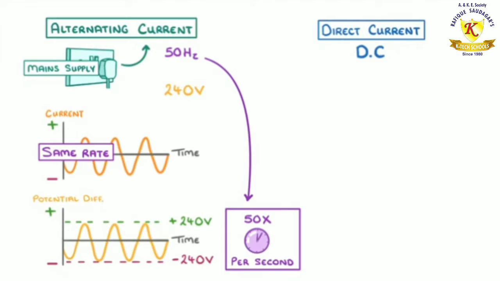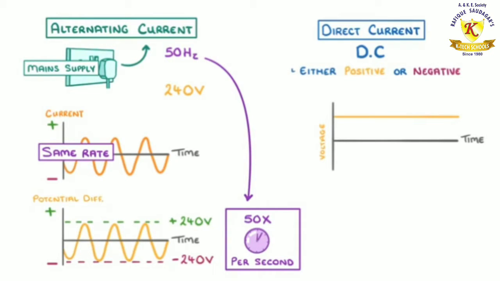Understood, children? Now, direct current or DC, on the other hand, is produced by a direct potential difference, which is either positive or negative. The entire time the charge is always flowing in the same direction.